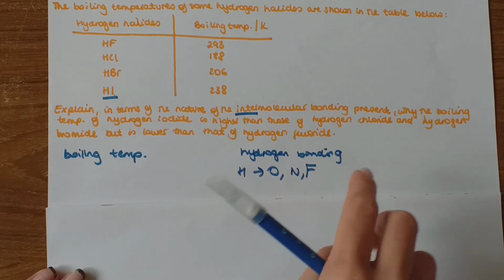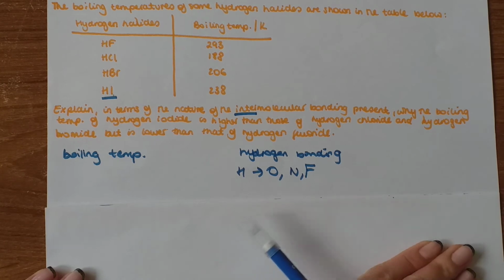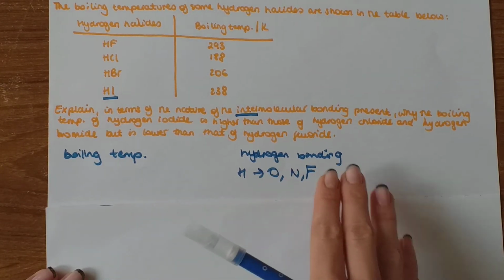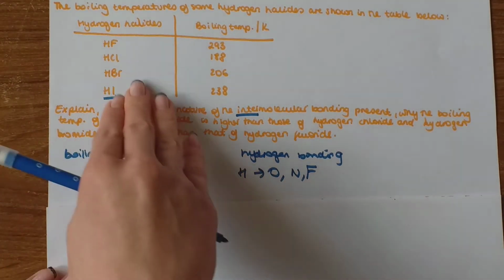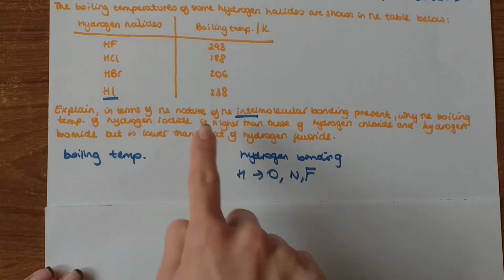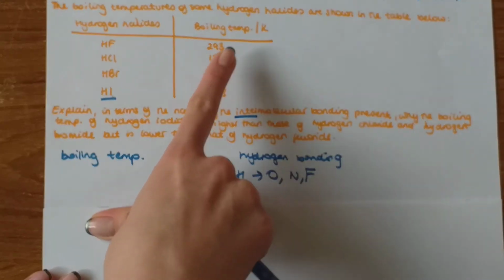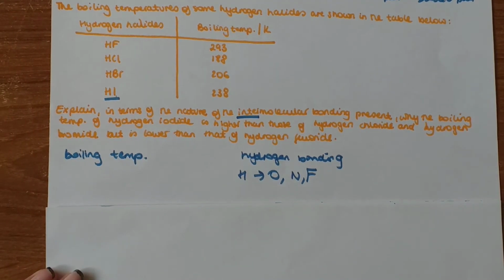Hydrogen bond is much bigger than van der Waals, so it also overcomes the idea that boiling temperature increases as mass increases. That's why hydrogen iodide has a bigger boiling temperature than these, but not bigger than HF, because in HF we have hydrogen bonding and it's very strong to overcome.